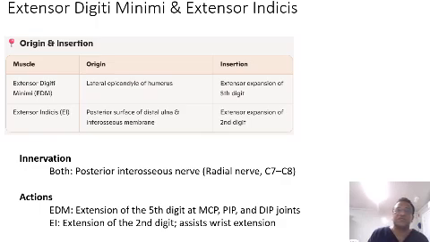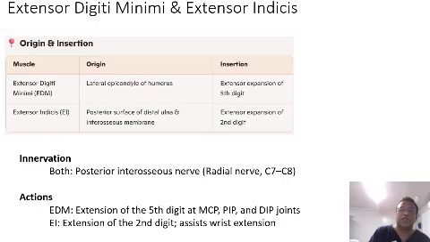This independence is clinically useful, as extensor indicis allows isolated index movements, which helps differentiate tendon or nerve injuries. So the index finger has isolated extensor movement, and your fifth finger also has isolated extensor movements because of the specific insertion of the tendons and the nerve innervation.